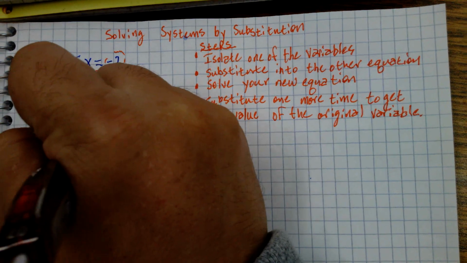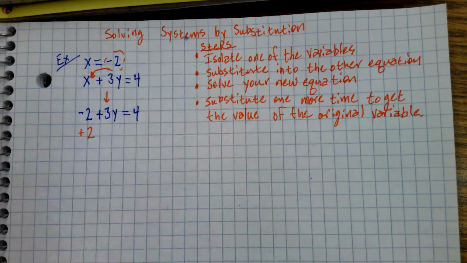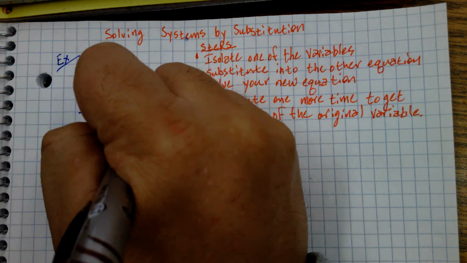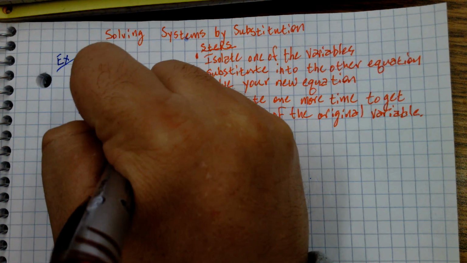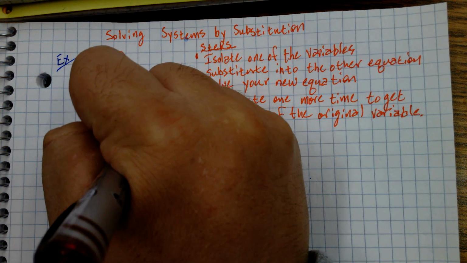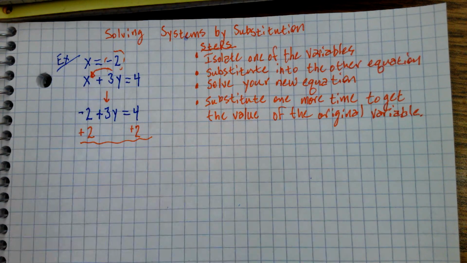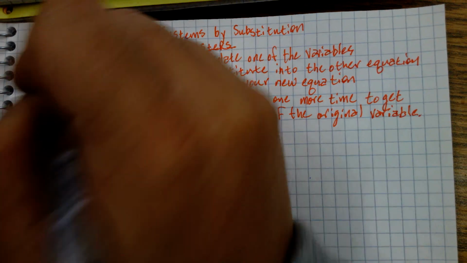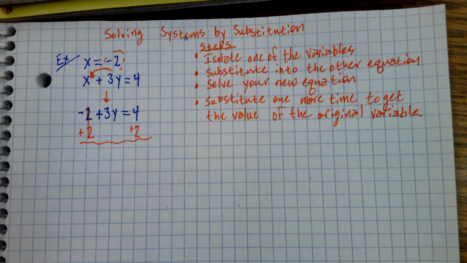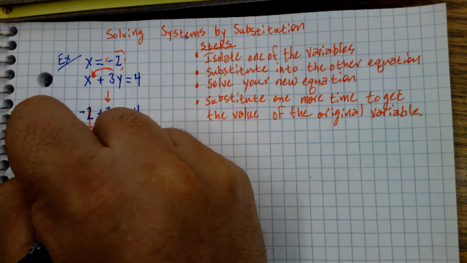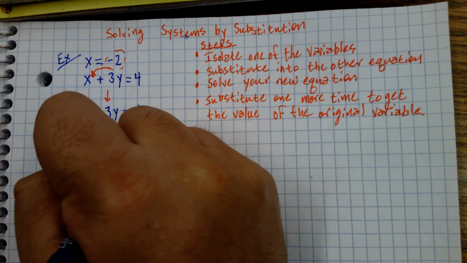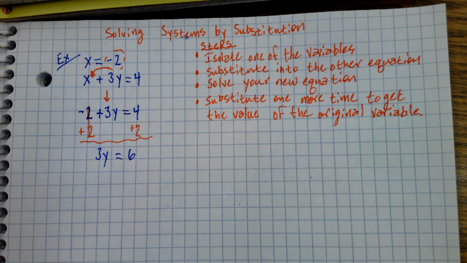So I'm going to put a plus 2 here, and I have to do that to the other side of the equation, underneath the 4. We're just solving a two-step equation. Okay, write that down.